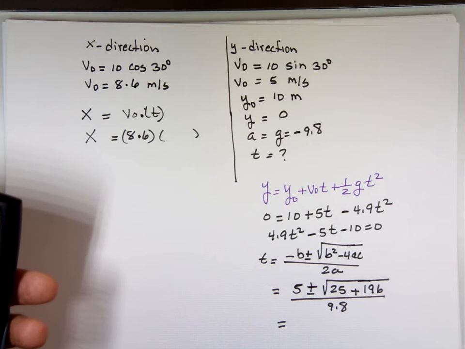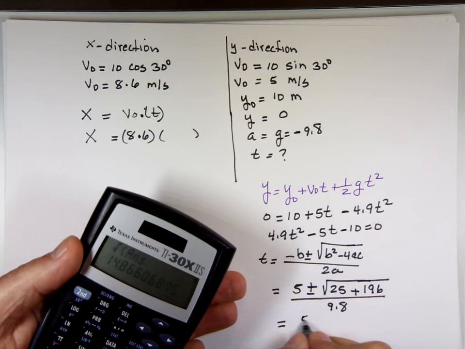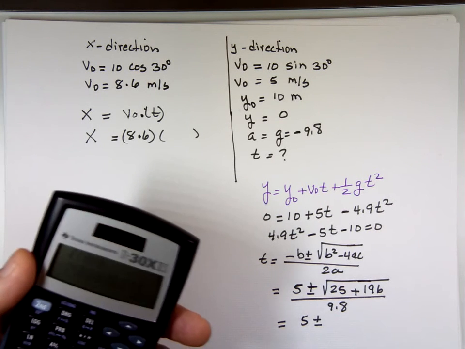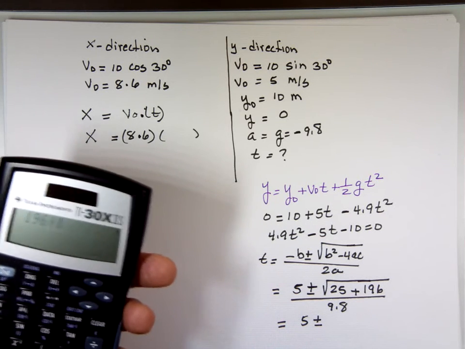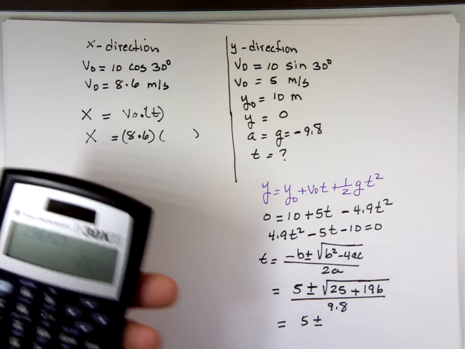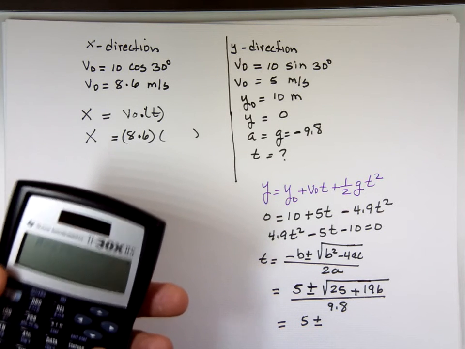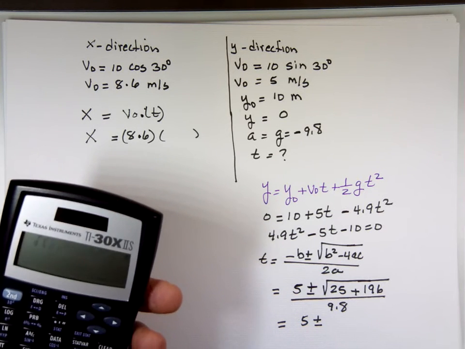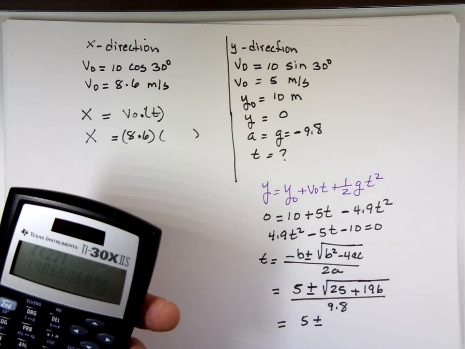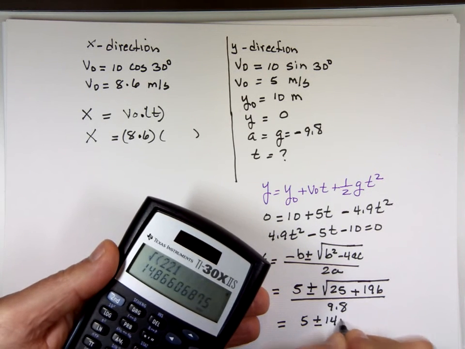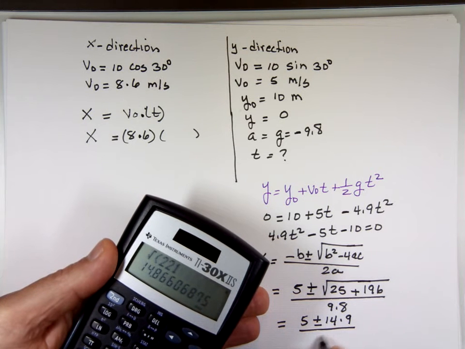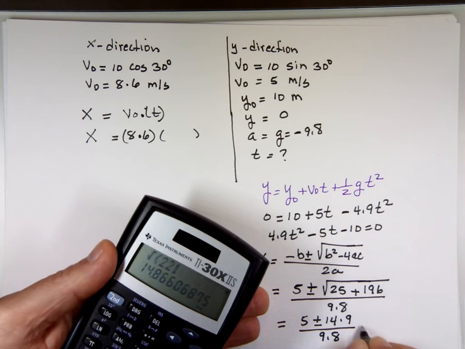It's 5 plus or minus the square root of 221, which is 196 plus 25. What is the square root of 221? 14.9. Since time will never be negative, I have to use the plus only.